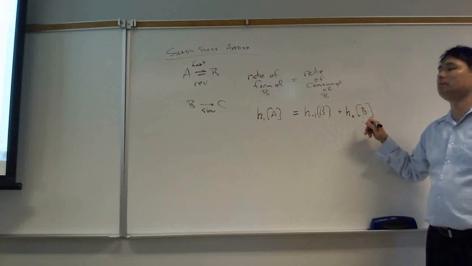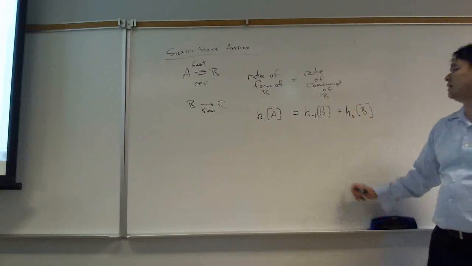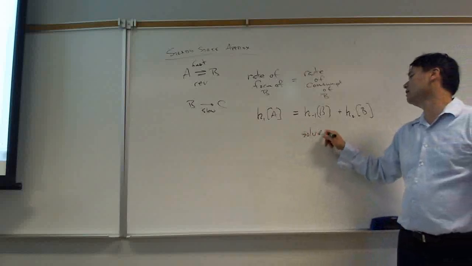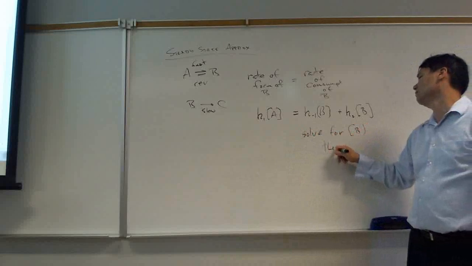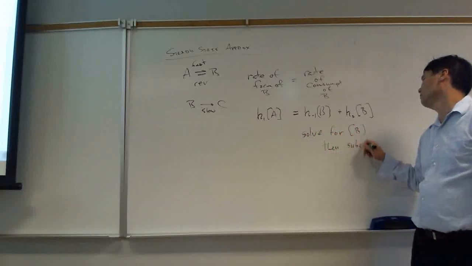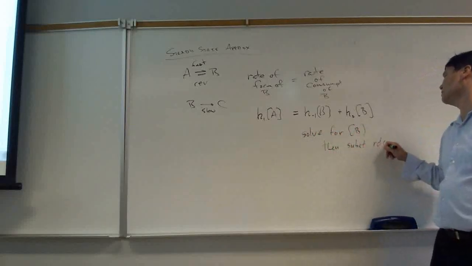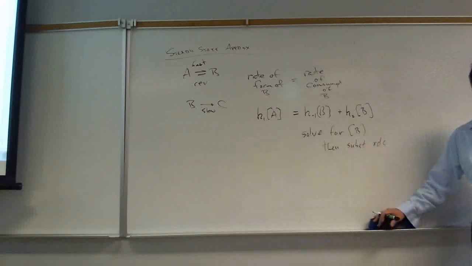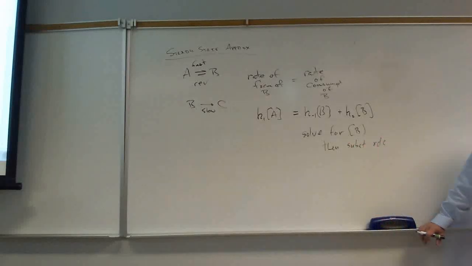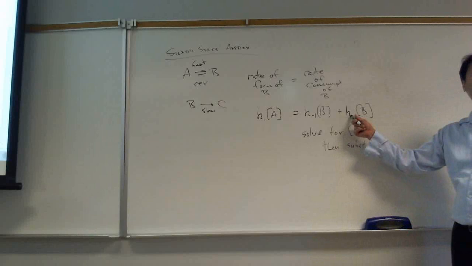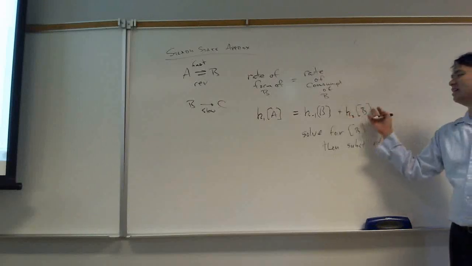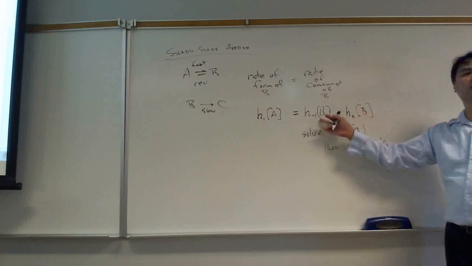And since B is an intermediate, then we solve this equation for B and then substitute into the RDS. And so in the fast reversible, what we did was we just assumed K2 is so small that this term is negligible, so this plus this is just equal to this.